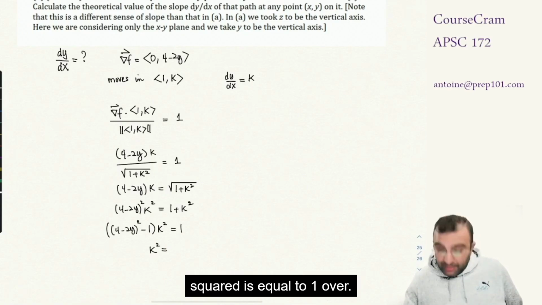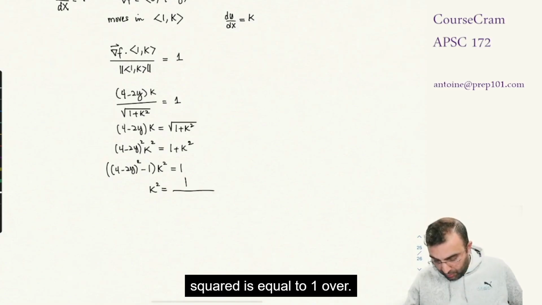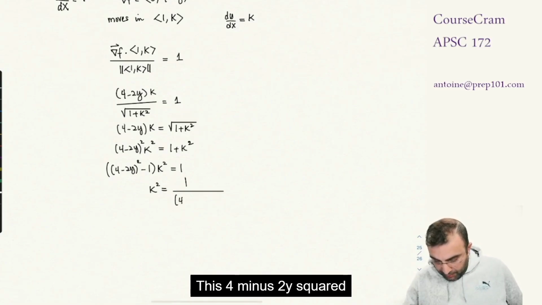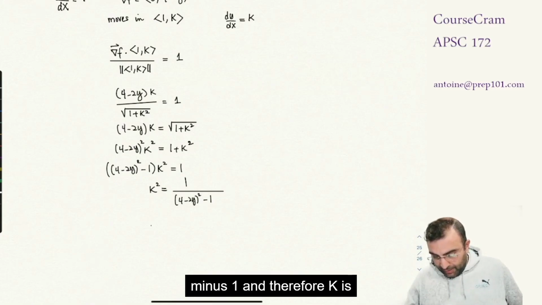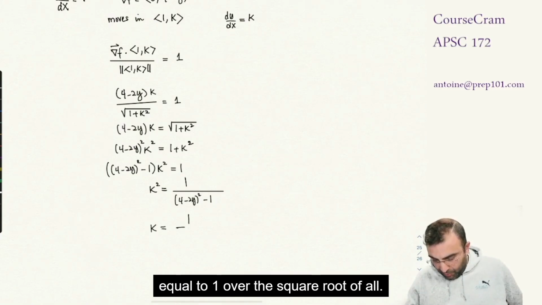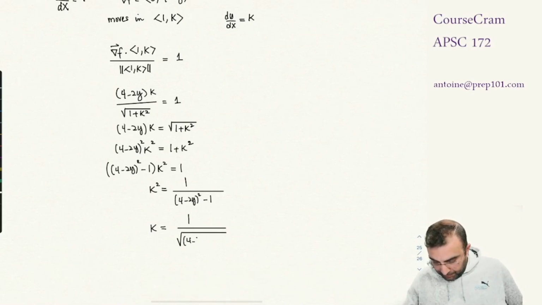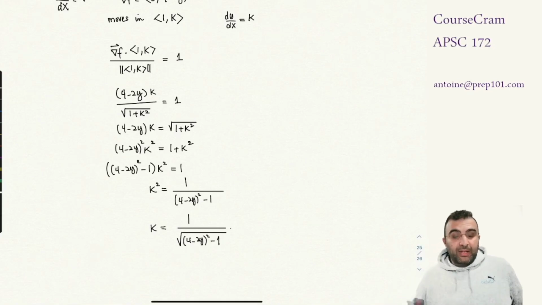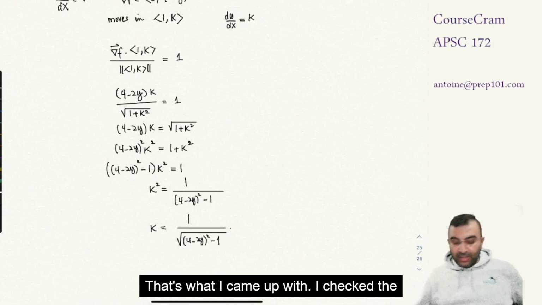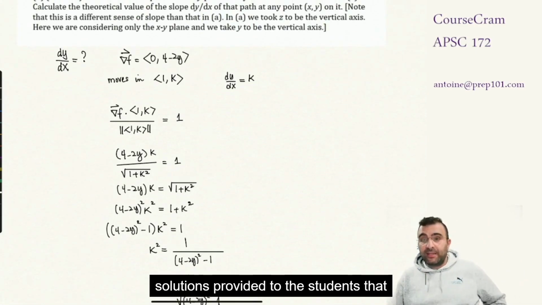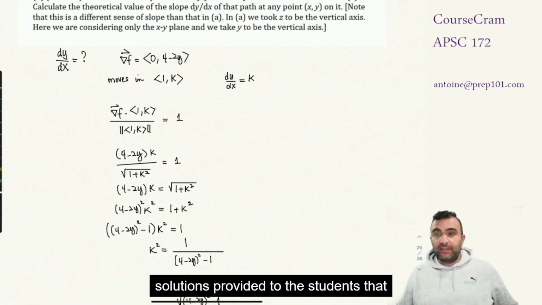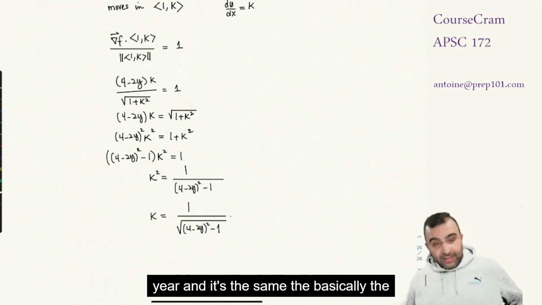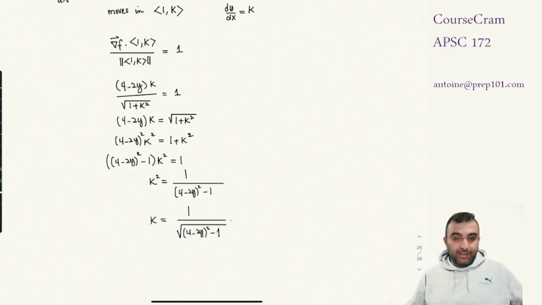So k squared is equal to 1 over ((4 − 2y)² − 1), and therefore k is equal to 1 over the square root of all that. That's what I came up with. I checked the solutions provided to the students that year, and it's basically the same idea.